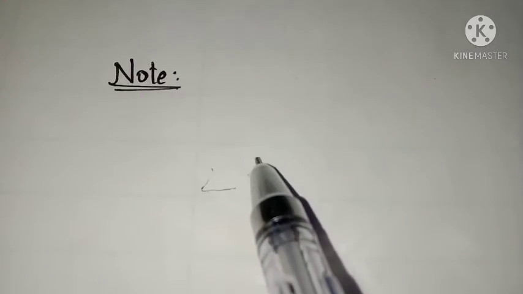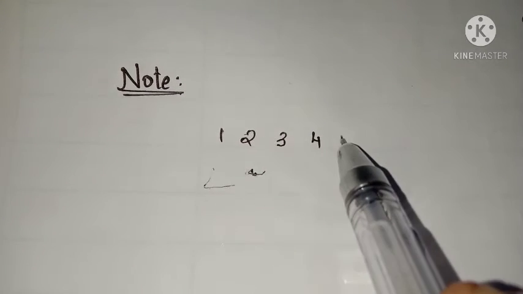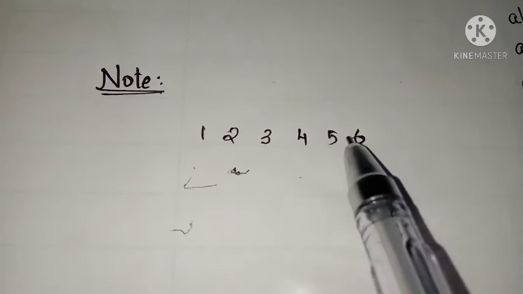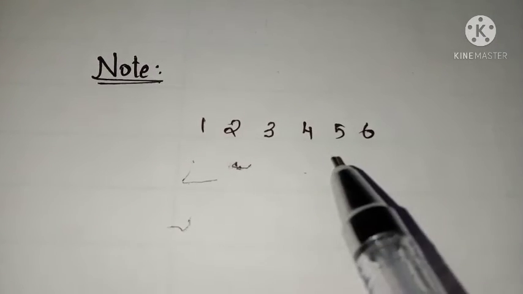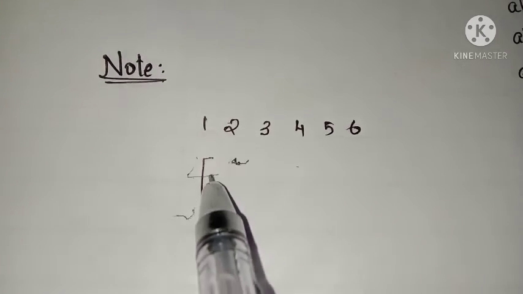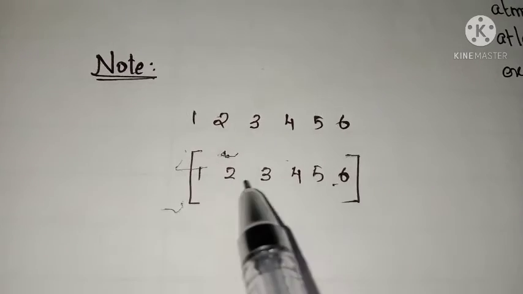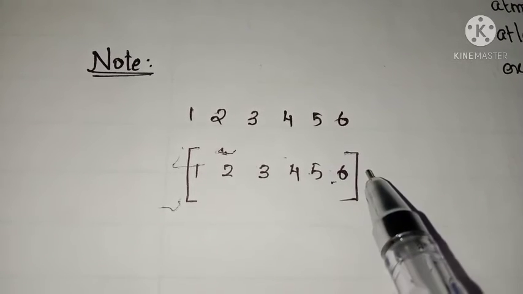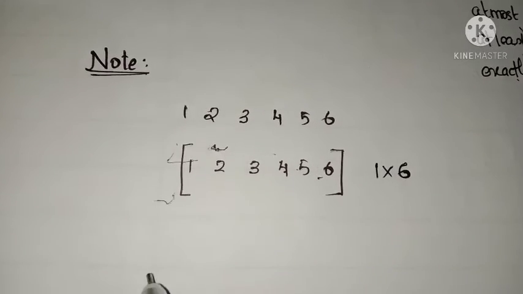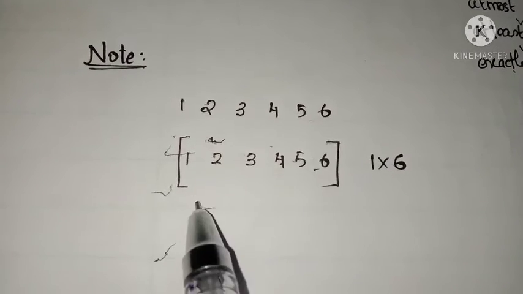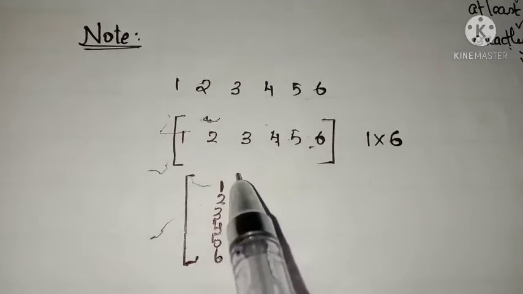Now note down that suppose we have 6 numbers: 1, 2, 3, 4, 5, 6. In how many ways can we arrange these numbers in a matrix form? We can write it like this: 1, 2, 3, 4, 5, 6. This matrix has only one row and 6 columns, and therefore it is a 1 by 6 matrix. We can arrange these 6 numbers in a column.